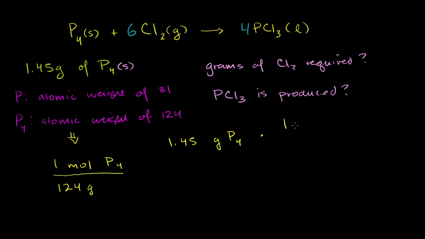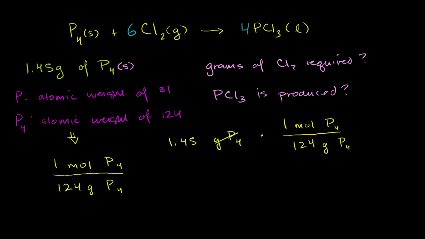We have 1 mole of molecular phosphorus for every 124 grams of molecular phosphorus. I should write this here just so we remember what we're talking about. And then this cancels out. So what we have, the units at least cancel out.